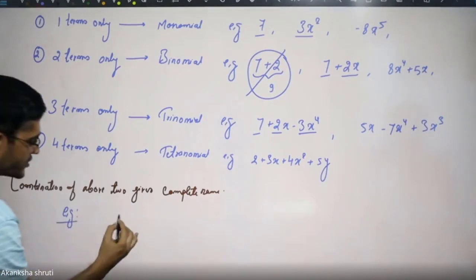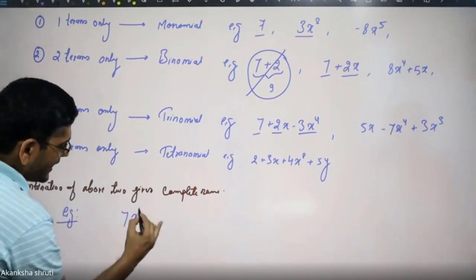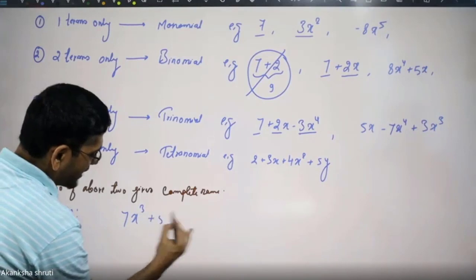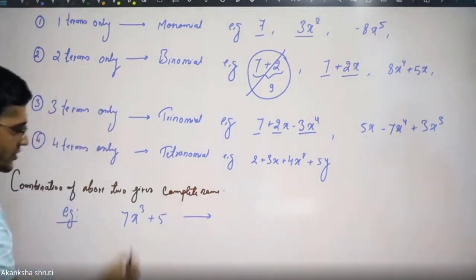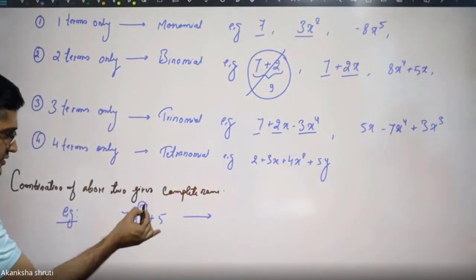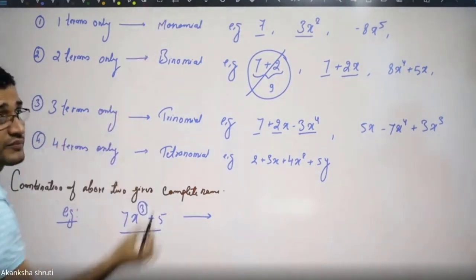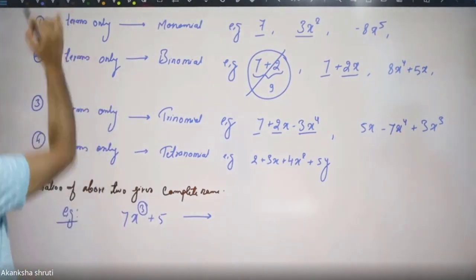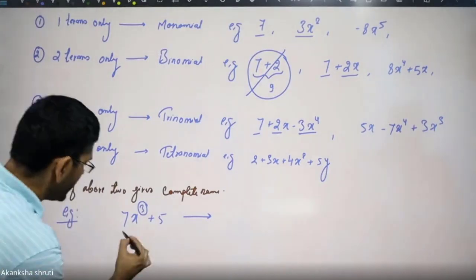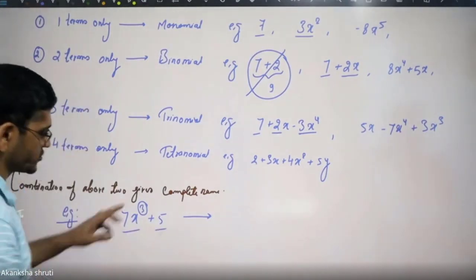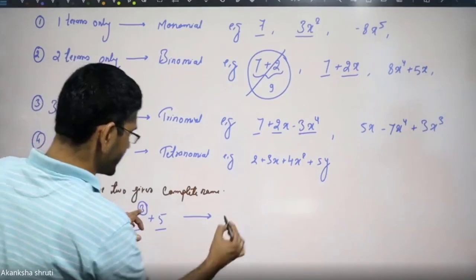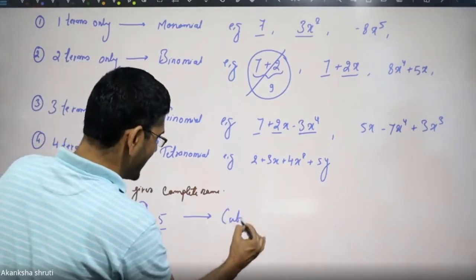If I am writing 7x cube plus 5, what is this? One is based on the degree, another is based on the terms. Degree wise there is 3 and term wise it is 2. Degree wise it is 3, means it is the cubic.